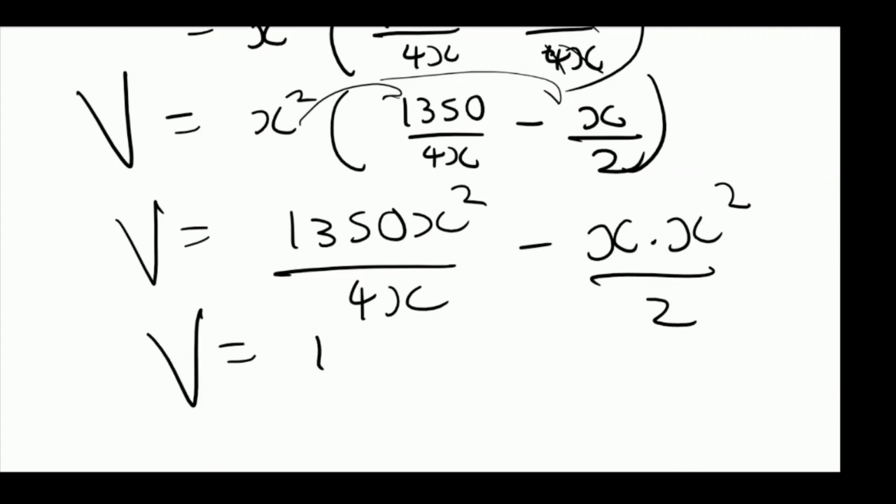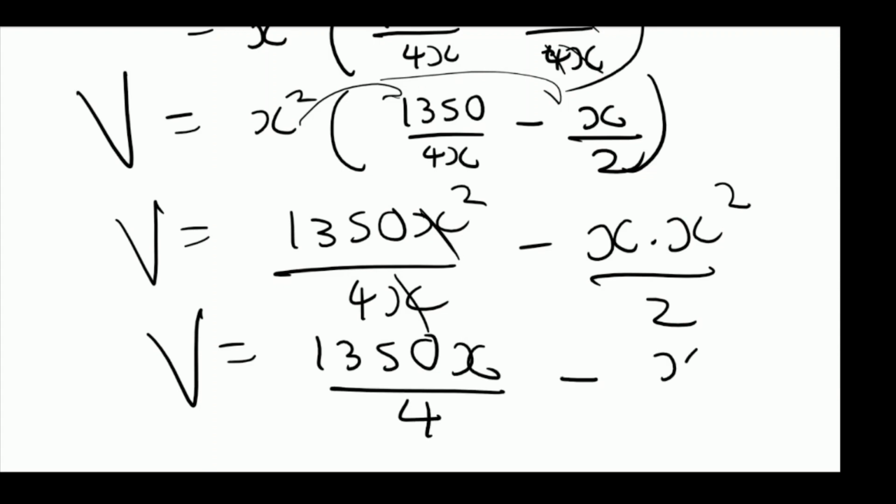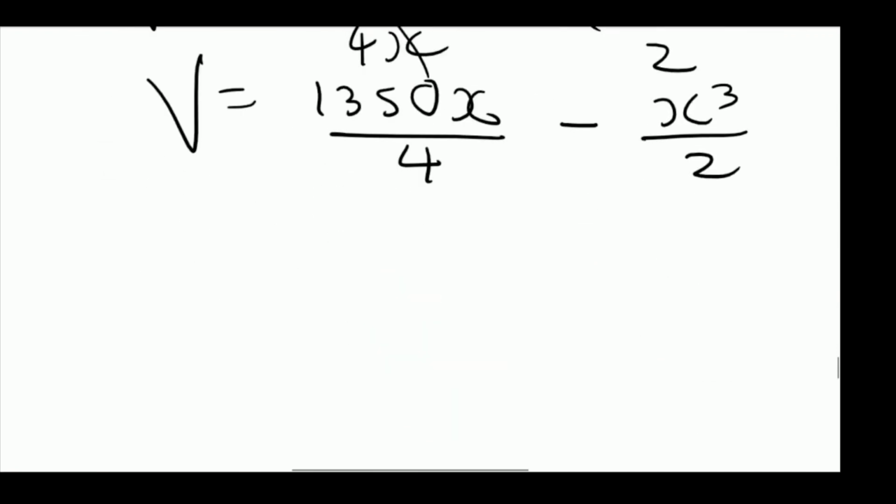So the volume is equal to 1350, so the x and the x squared will divide out, so you have 1350x over 4 minus x cubed over 2, right? And we're asked to find the value of x such that this volume is at the maximum, right? So for us to do that, we need to differentiate this, right?